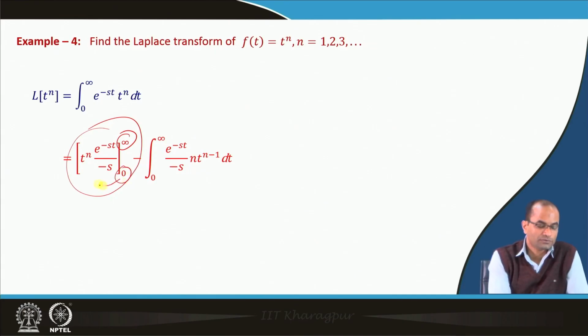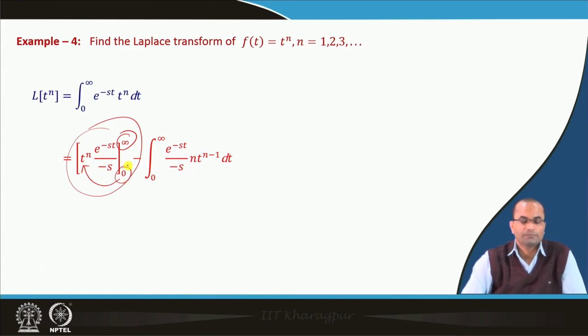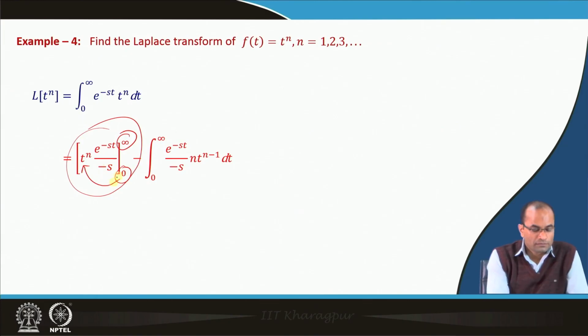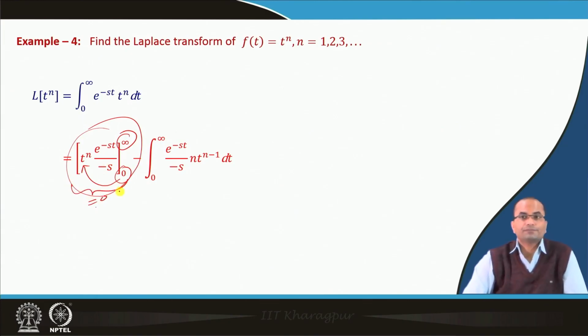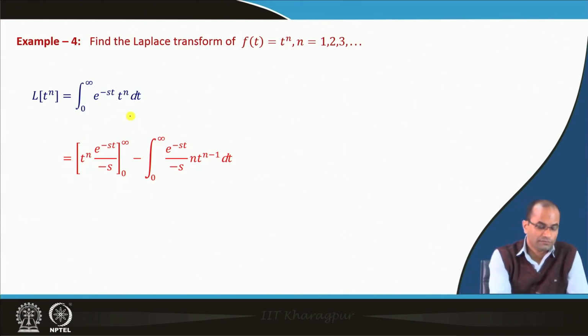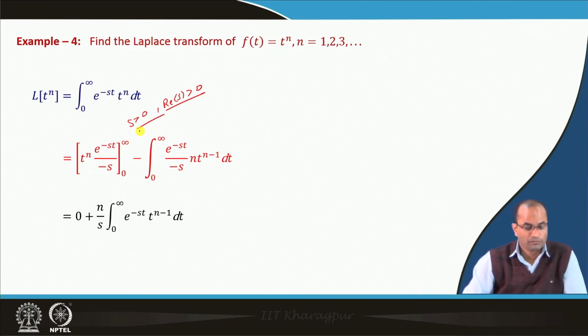And when t approaches 0, because of t power n, this will again go to 0. So, the first term vanishes with the assumption that the real part of s is positive.